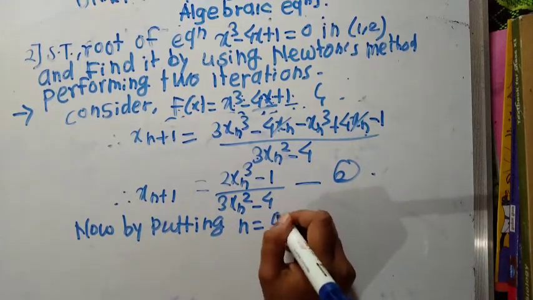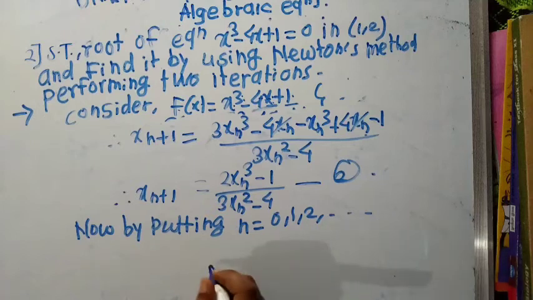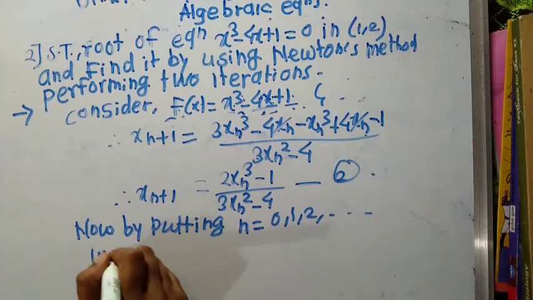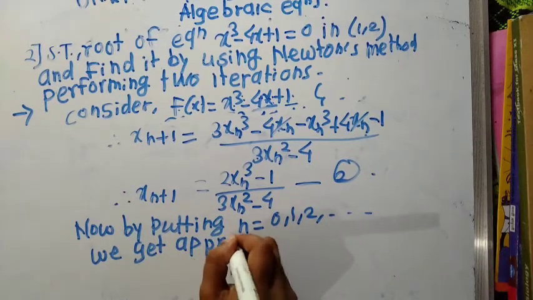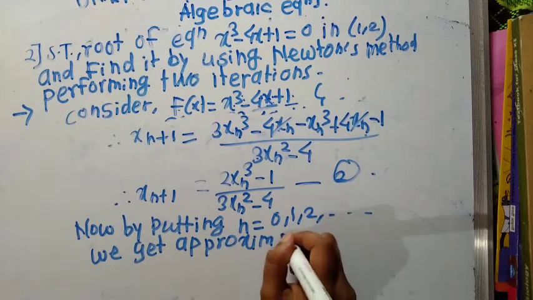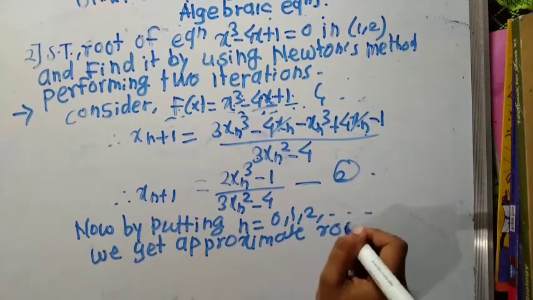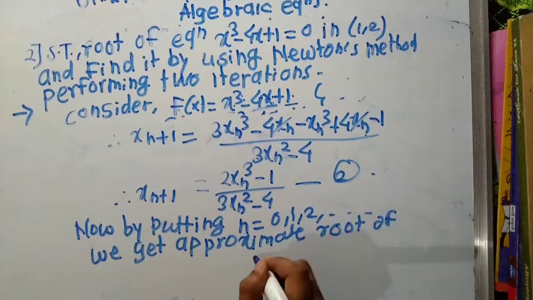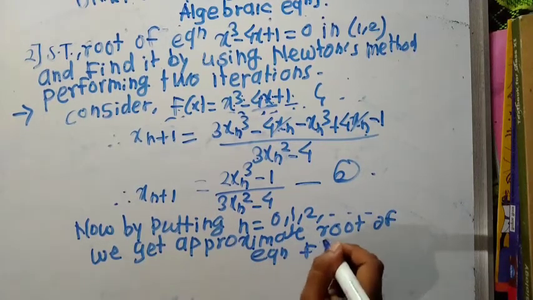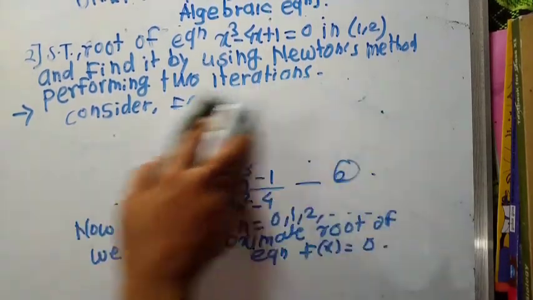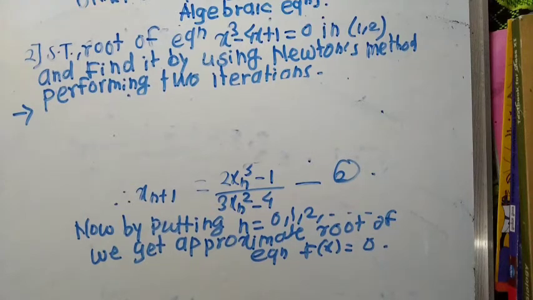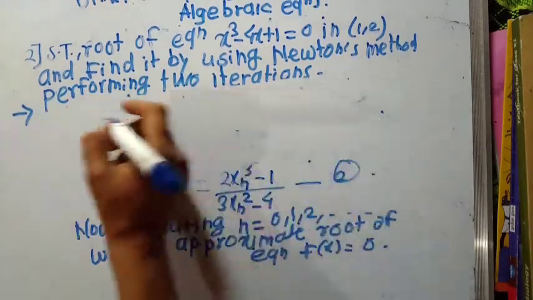Now by putting n is equal to 0, 1, 2 and so on, we get the approximate root of equation f of x is equal to 0. Here we are performing only 2 iterations.